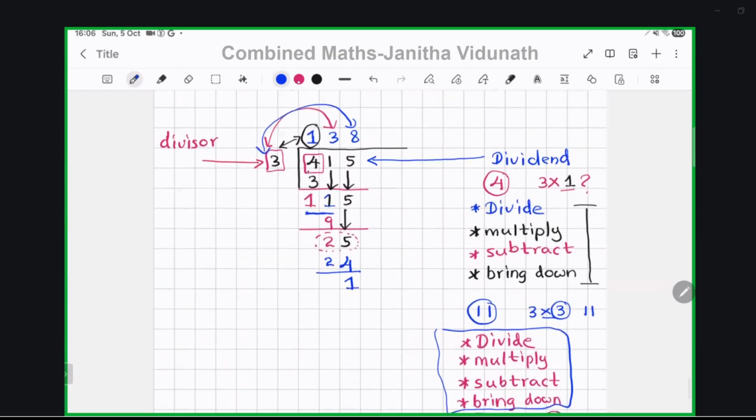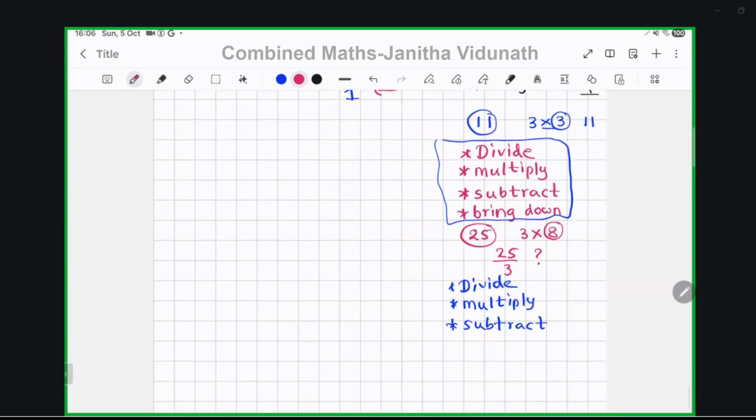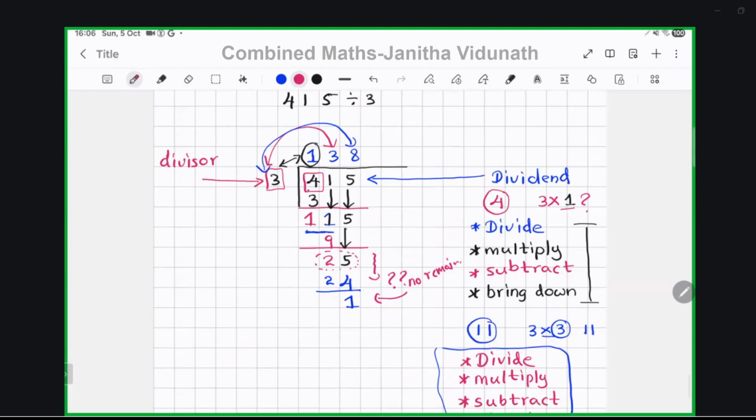Okay, now there are no remaining terms. That means we do not need to use the bringing down operation. Now this number is less than our divisor.